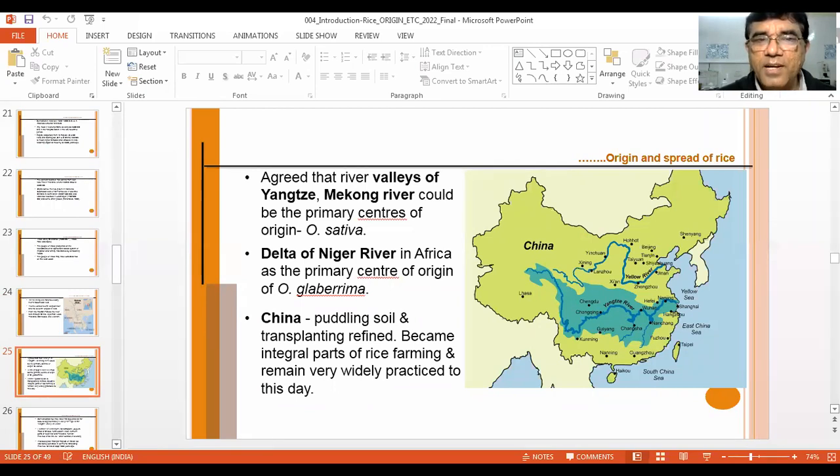And for glaberrima, it was the delta of the Niger River. And in China, of course, puddling was started for the first time. Puddling soil and transplanting, refined in China, became integral parts of rice farming and remain very widely practiced to this day. And here I wish to mention that Chinese civilization has been older than the Indian civilization.